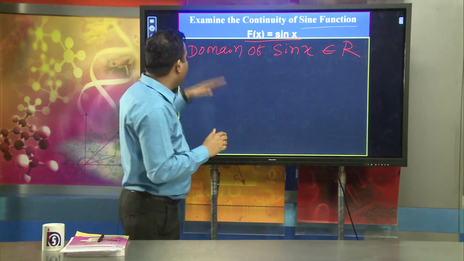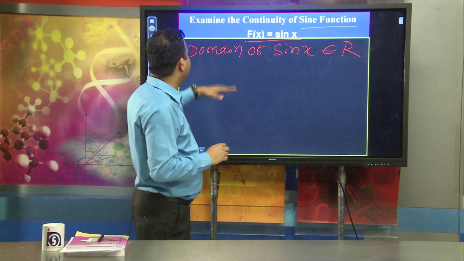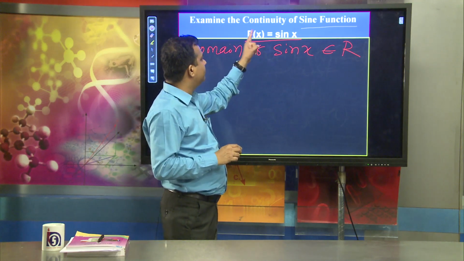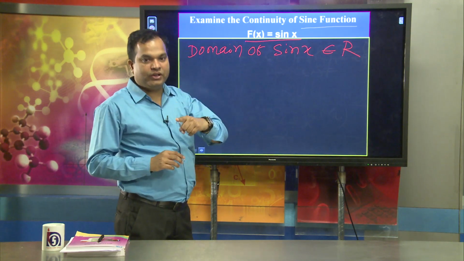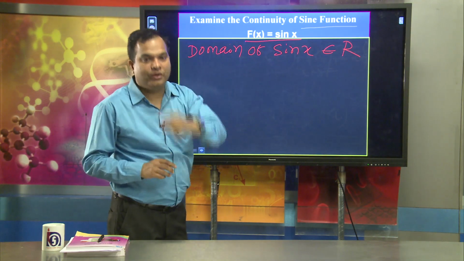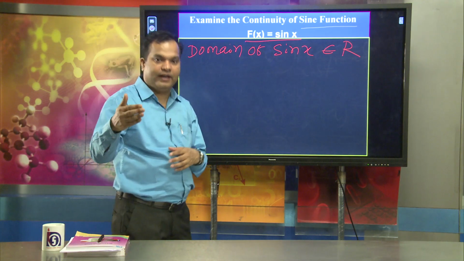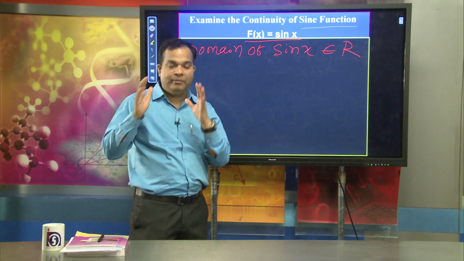So, now we have to check whether the function f of x equal to sine x is continuous or not continuous at the point x equal to a, and the a we have taken is an arbitrary point.